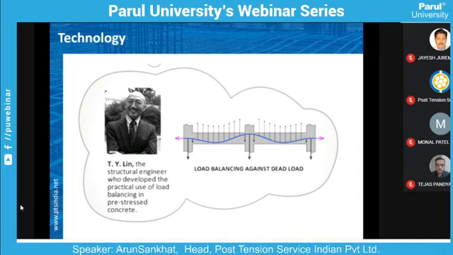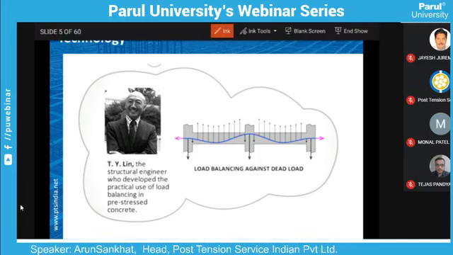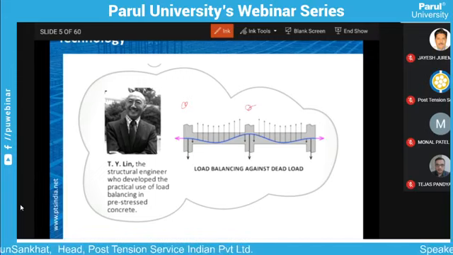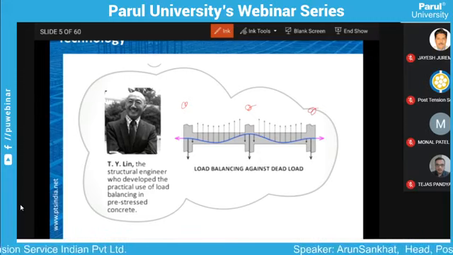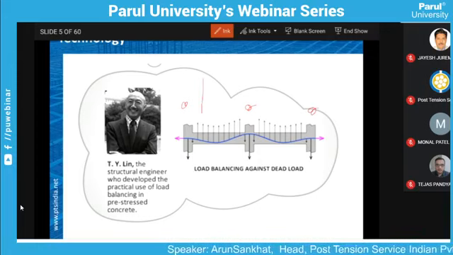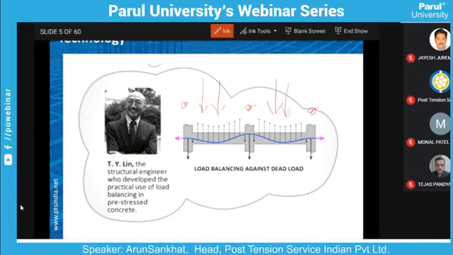So here there is a continuous beam, wherein you have one support here, a second support here, and a third support here. There is a beam running between those three supports, and there will be loading on this beam. The direction of loading or gravity forces will be in this direction. These are the gravity forces acting on this beam.